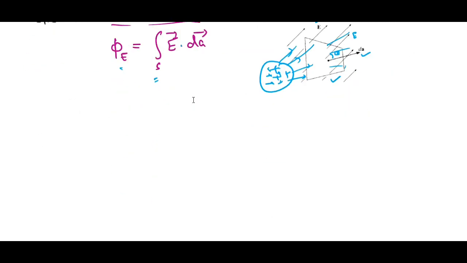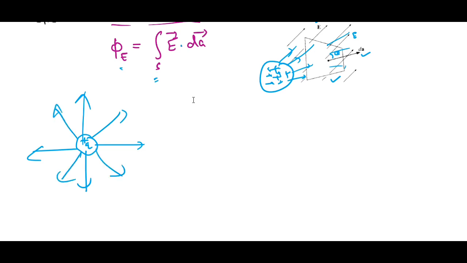Now if you go deeper, if I have a single +q charge, the number of electric field lines from this charge will be like this. For a closed surface, the number of electric field lines coming out from this charge can be calculated.